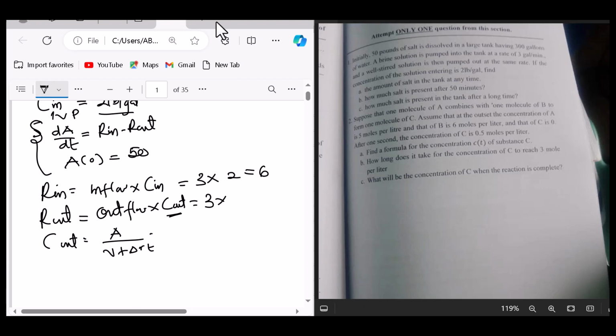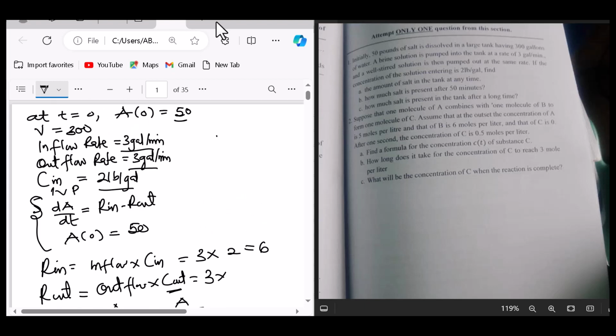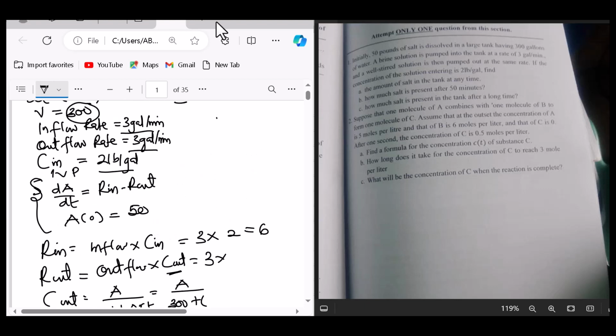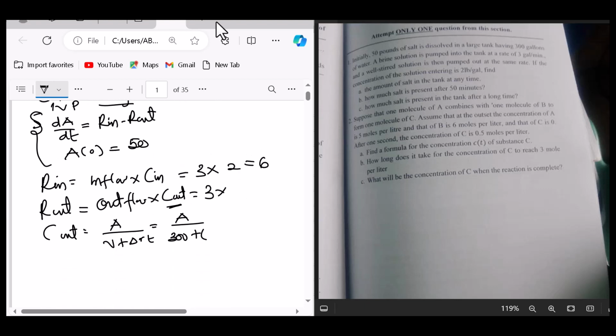And so this is just A all over the volume that was given, which is 300, plus the change in rate, the rate in 3 minus out 3, times t, and this is equal to A all over 300, because this one will go to 0.